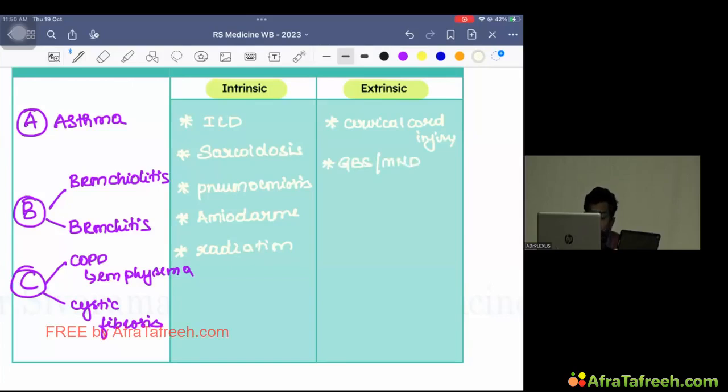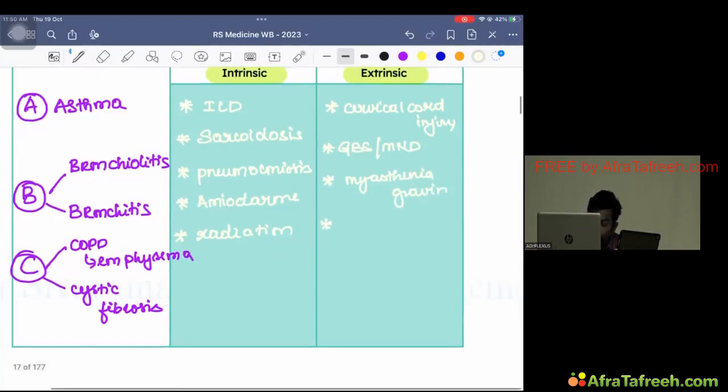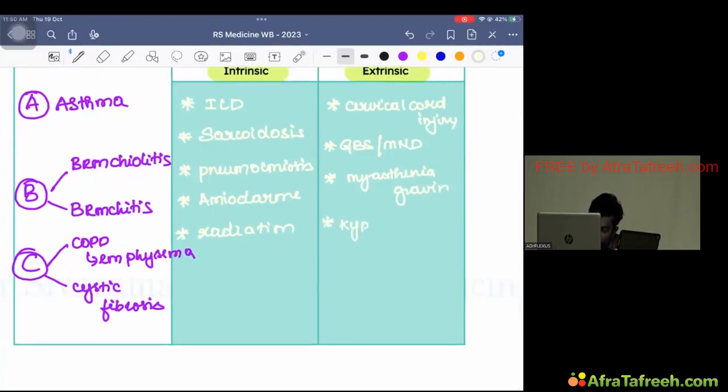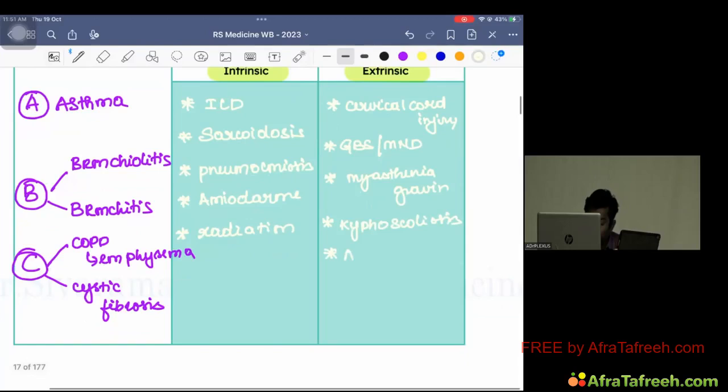Or a muscle problem, myasthenia gravis. Or a spinal problem in the form of kyphoscoliosis, or your vertebral bones are fused. When they are fused, can the chest expand? No. Ankylosing spondylitis.